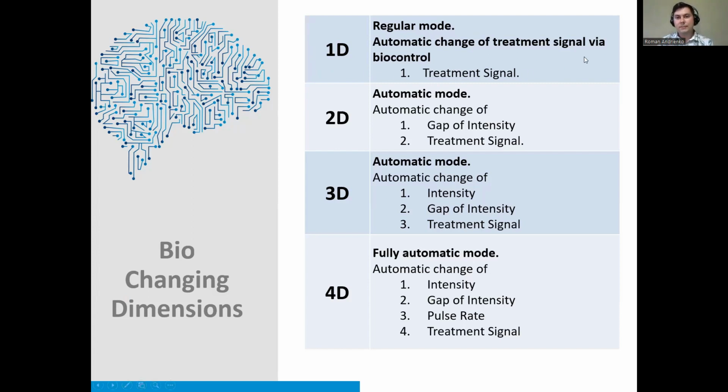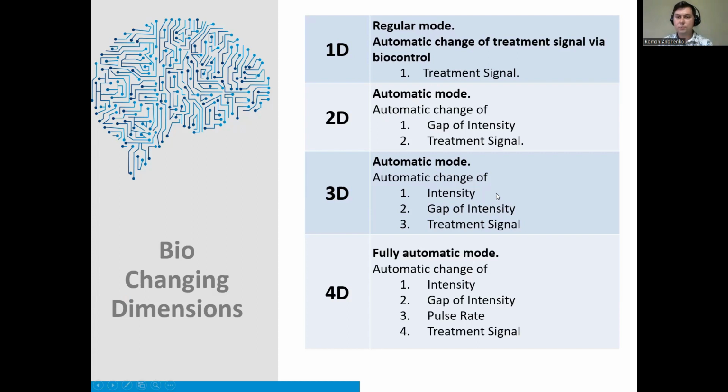First dimension is the most regular operation of Scenar, where we only have the automatic change of treatment signal via biocontrol. So there are only a few presets that change only the treatment signal. Second, there are presets that change the gap, intensity, and the treatment energy at the same time in automatic mode. And this is the second dimension.